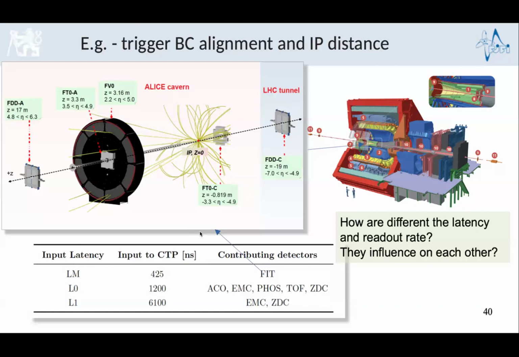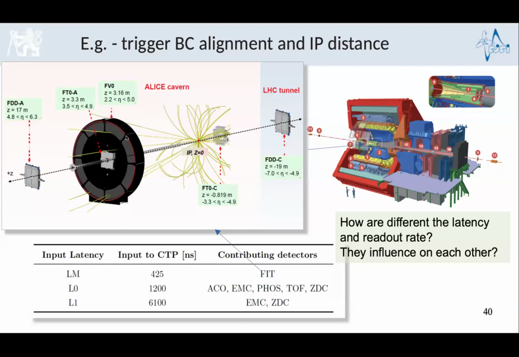But we have some more things from the signal to the readout system, which are the front-end electronics of the detector. And then there is processing time from the electronics, which will add some extra timing, and then even cables from the electronics to the central trigger processor of ALICE. So all those things have to be taken into account to be able to provide the signals according to the requirement.